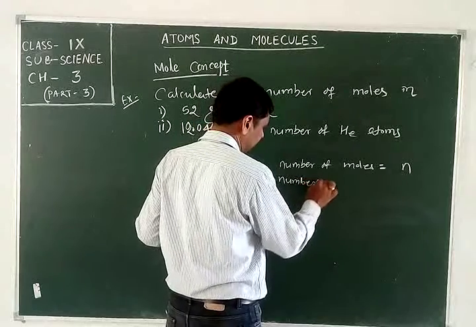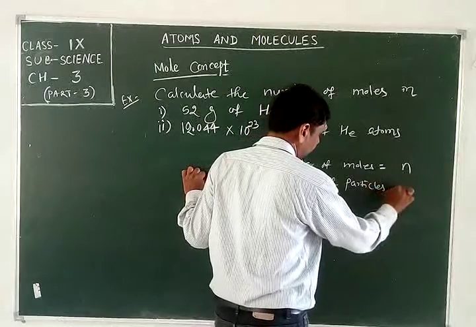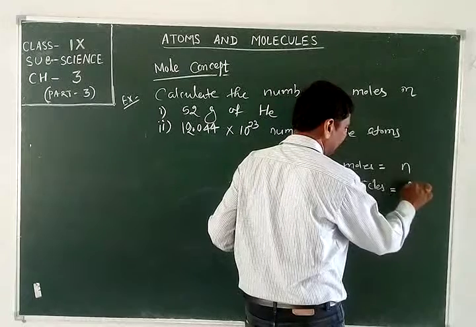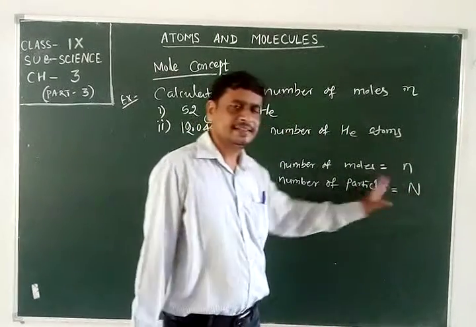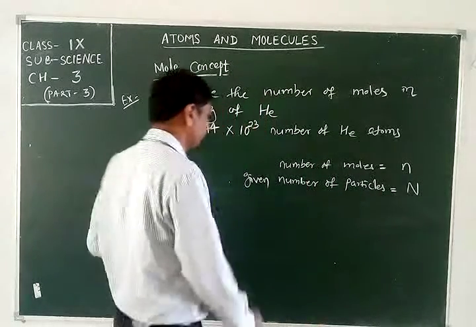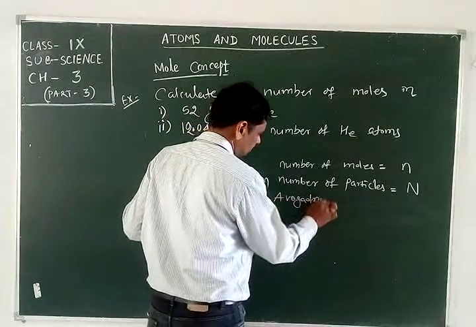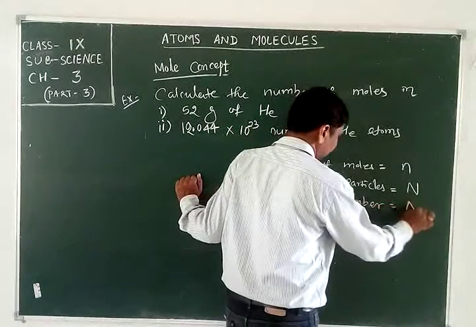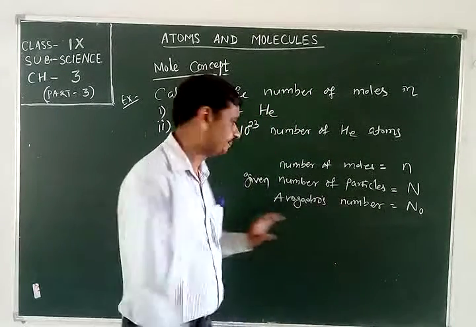Given number of particles is denoted as capital N. If it is written capital N, that means it is the given number of particles present in that substance. Avogadro's number is N0. N0 indicates the Avogadro's number.